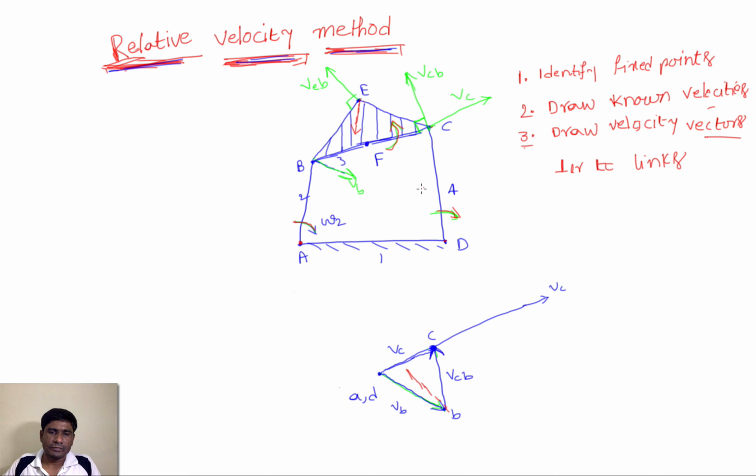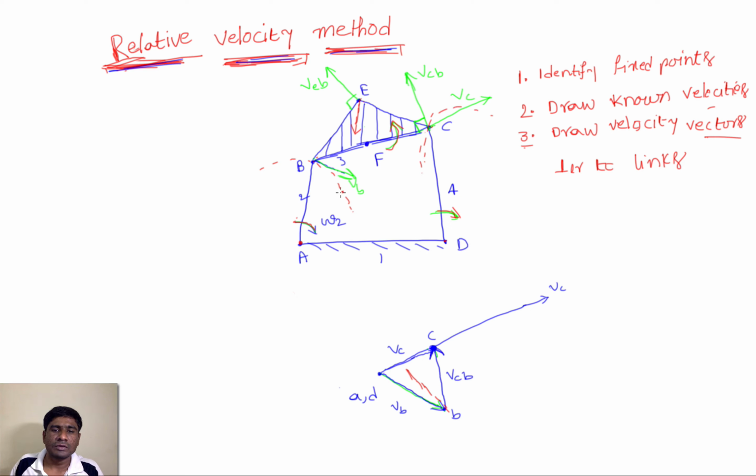So since this link 2 and link 4, if you observe geometrically, this length is less than this one. Since this length is less than this one, it moves like this, and this link goes like this.